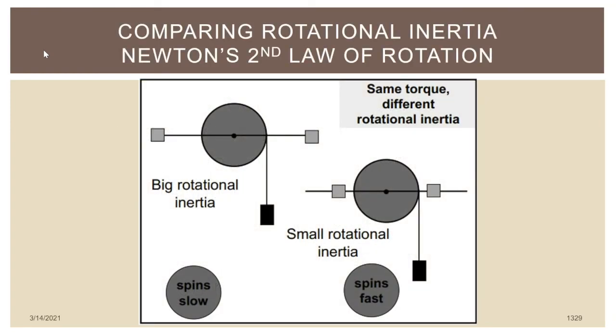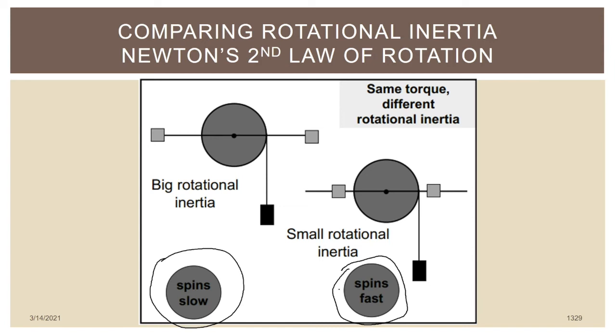And this diagram really best sums up what we have to say about Newton's second law of rotation. You can see here in this top diagram, we have more mass concentrated farther away from the pivot point, and so the rotational inertia is large. Over here, we have mass concentrated not as far away from the pivot point, and so the rotational inertia is small. Now, there are these two circles over here which say spins slow and spins fast.